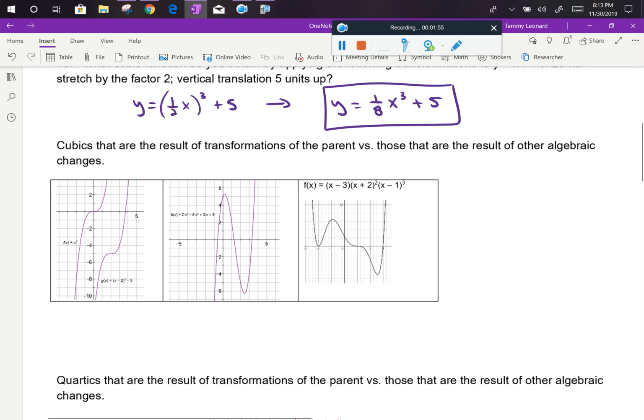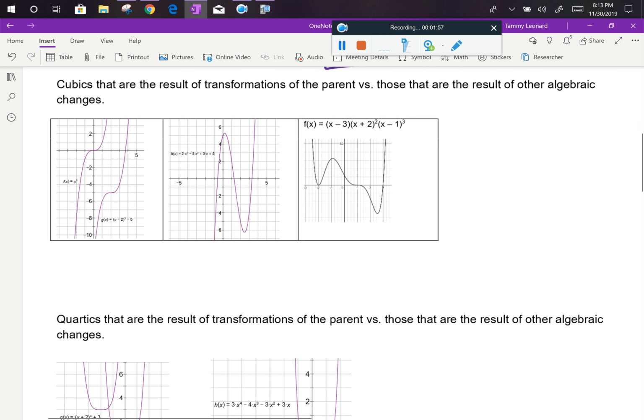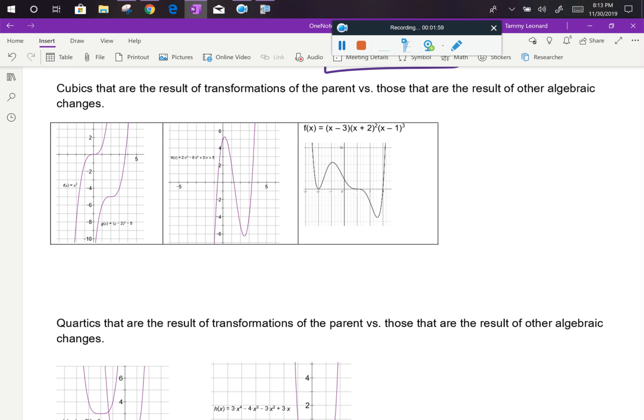Next, we have to realize that polynomials are actually a little bit more complicated than some of the other functions we've studied. In all of the other functions, linear, quadratic, absolute value, we can look at them and see that there are transformations that take the parent into the child. But with some polynomial functions, they are not the result of transformations, and there's actually other algebraic changes taking place.